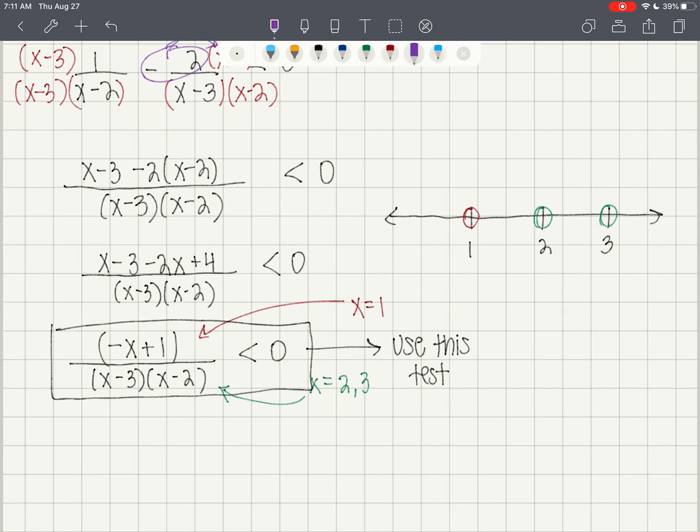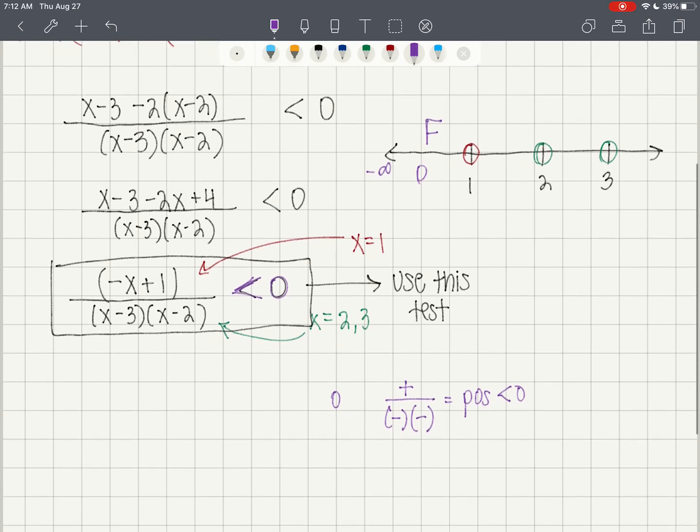So if I put in a 0, that's going to be between negative infinity and 1. If I put a 0 in, I'm going to get a positive, let's show our work over here. I'm going to get a positive over a negative times a negative, which is a positive. And I want to be less than 0. So that is going to be false.